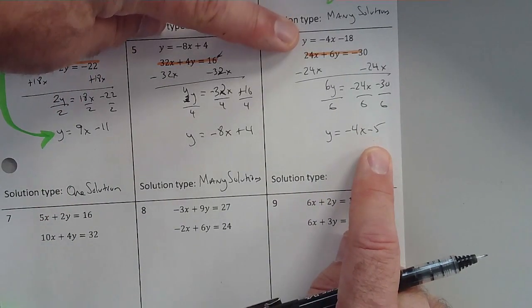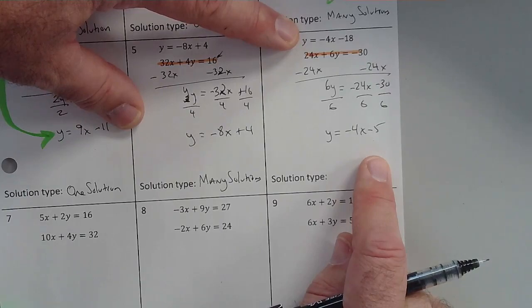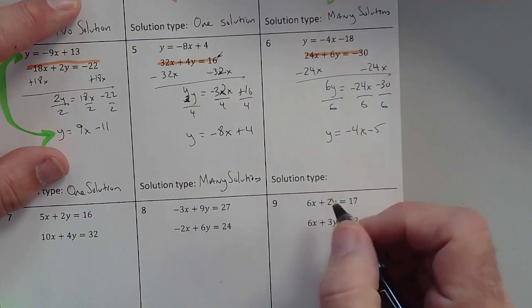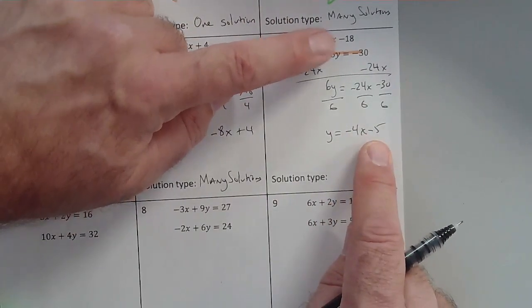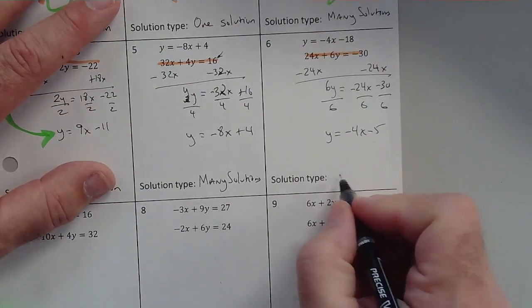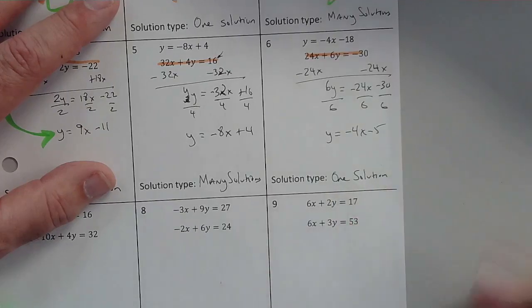Oh boy. Did I do something wrong? I did do something wrong. This one is a single solution, right? Negative 4, negative 4, negative 5, negative 18. That means one solution.